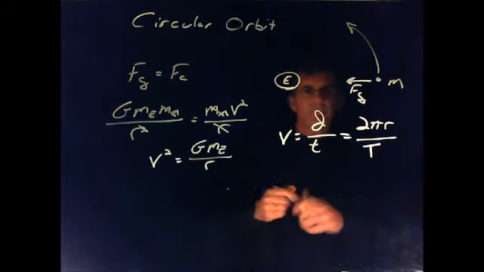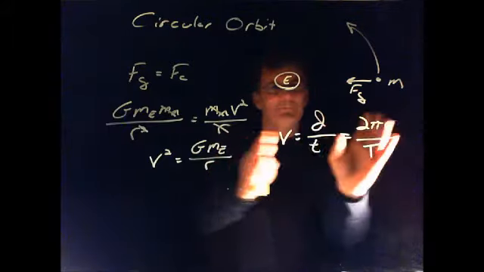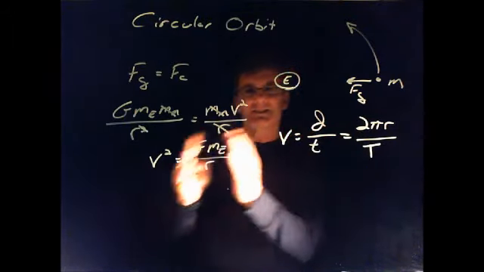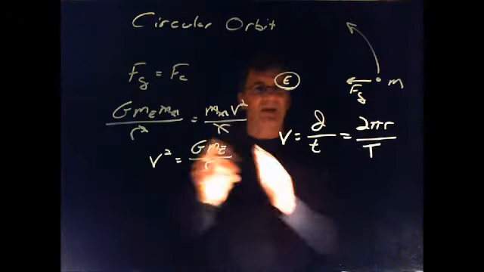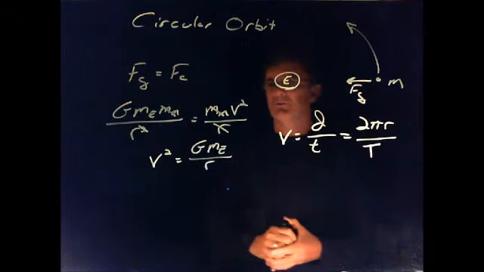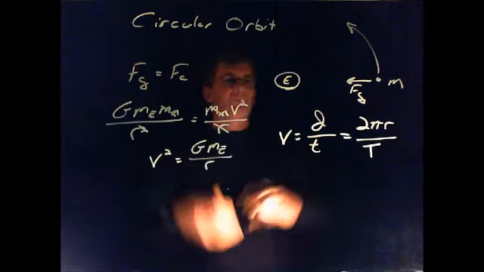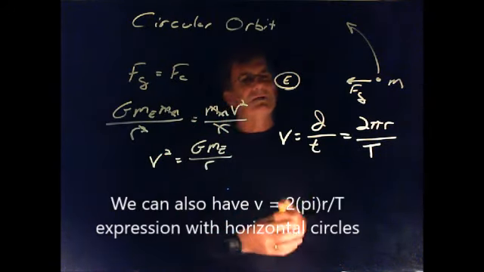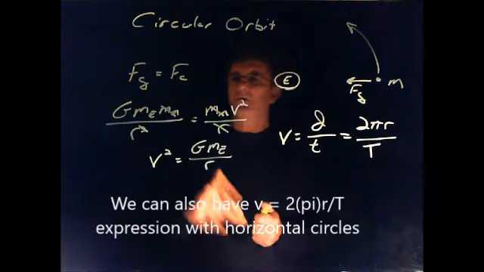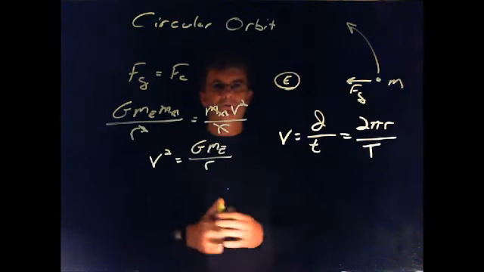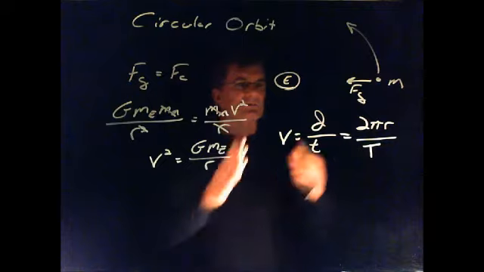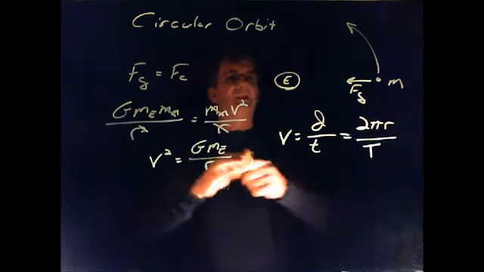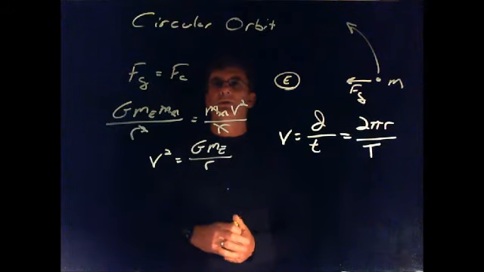So a lot of times we have to combine these two expressions. And this gets into some interesting aspects of what's going on with these circular orbits. I'm not going to get into a ton right now. These relationships you do need to understand. You do need to be able to do the algebra. But this is the last little topic area of 2D motion.